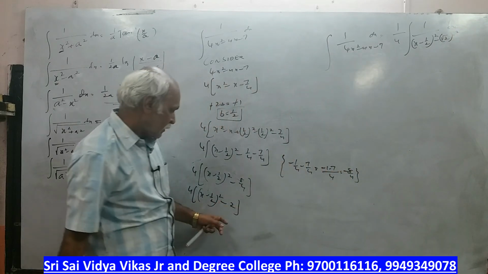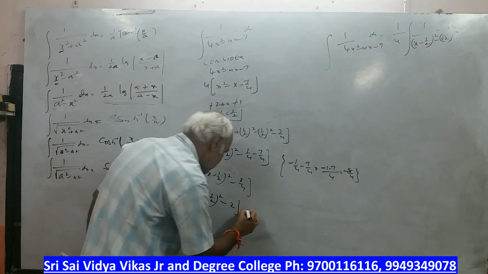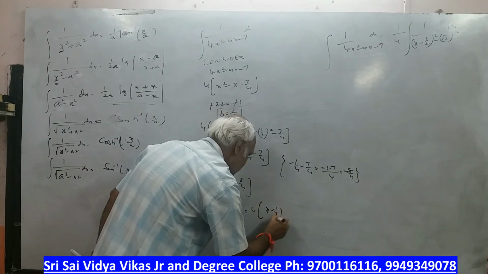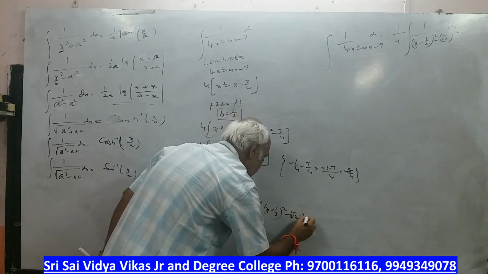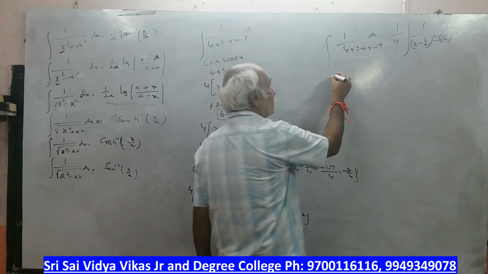Right. So this can be written 4 into, right. So this becomes 1 by 4 into which formula?